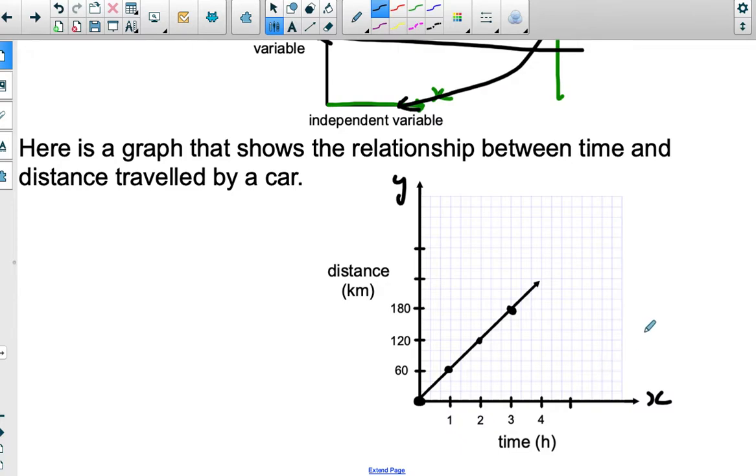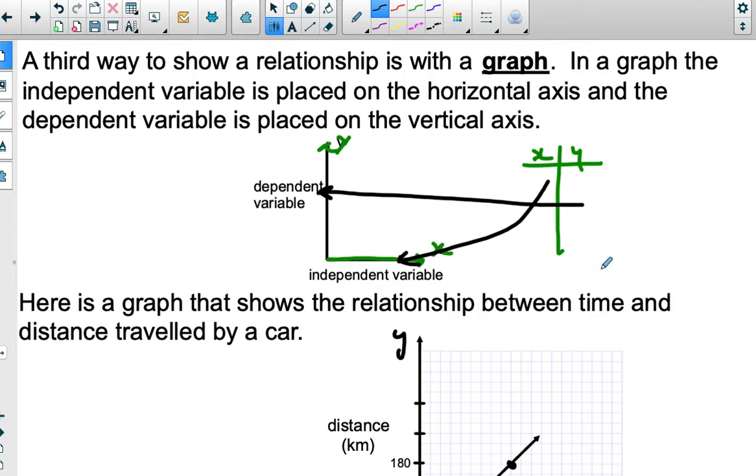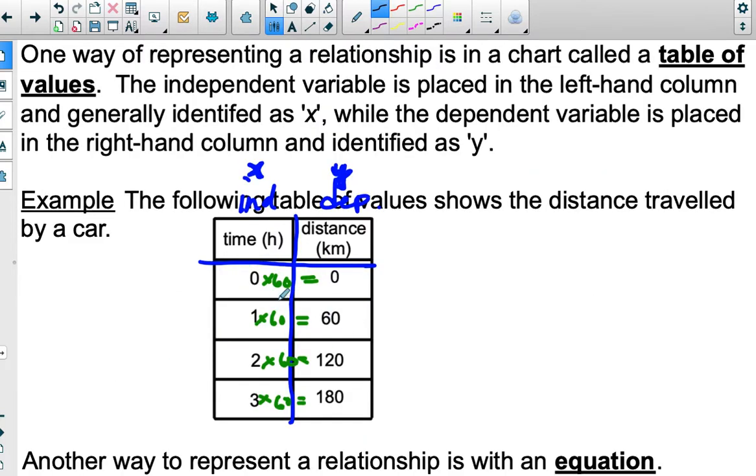And what are graphs useful for? Graphs are a picture. They're a snapshot. Going back and looking at the t-table, we got a bunch of data, and if we want to clearly say, is there a relationship here? I think we can say, yeah, a lot of us saw that 0, 60, 120, 180 are multiples of 60, and we saw some sort of pattern.